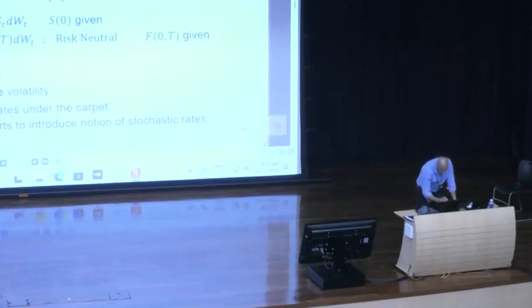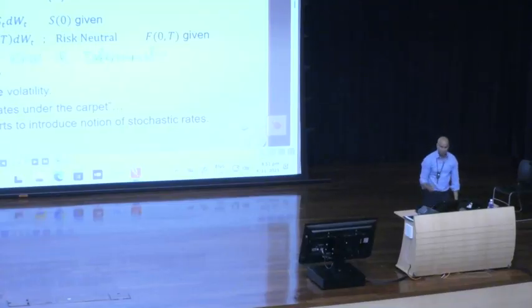What you will also notice is I've written it sigma S, sigma F. And the question is, when is sigma S equal to sigma F? They're equal when interest rates are deterministic.